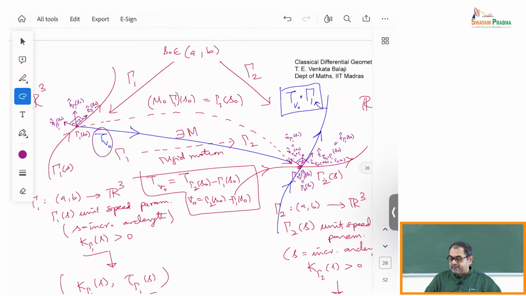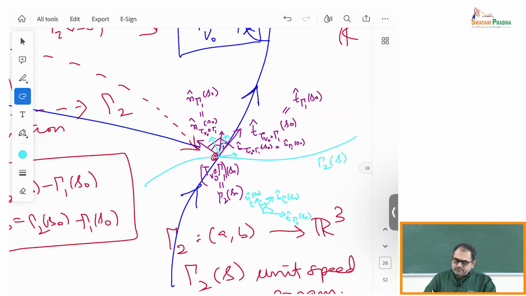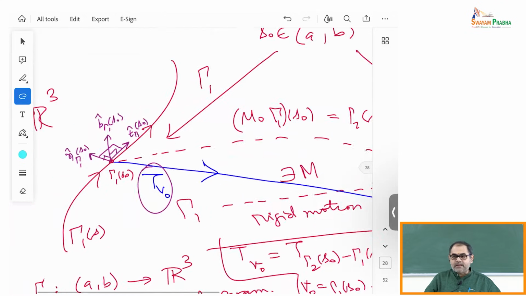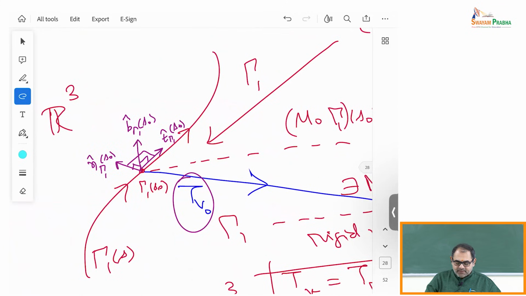On the other hand, gamma 2 itself has a Frenet-Serret frame at that point. So let's draw that also. So let me say things again. First you have this red curve on the left side, which is capital gamma 1 of S. It passes through this point capital gamma 1 of S naught, which has this purple Frenet-Serret frame.